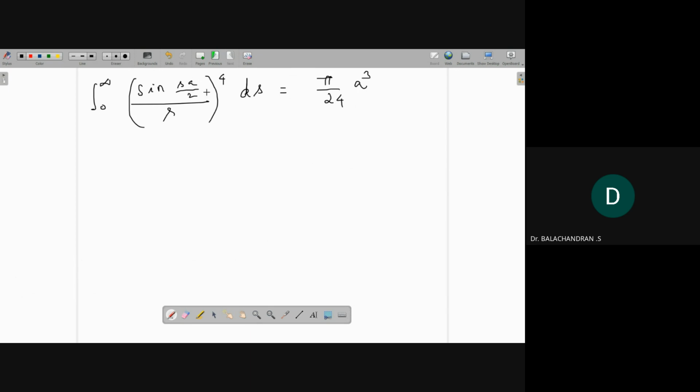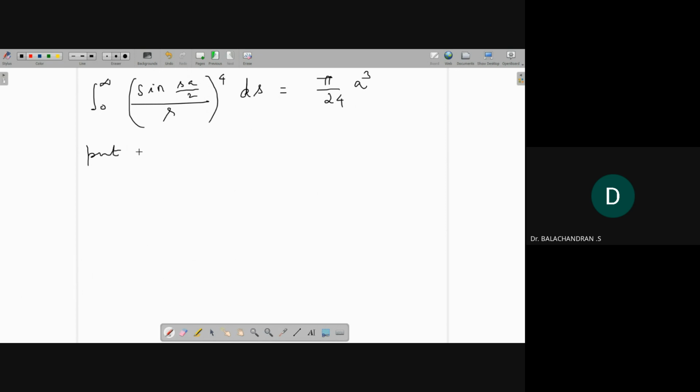So now here I need a t. Actually, in the deduction part you can see. So that's why I'll put sa by 2 is equal to some t.